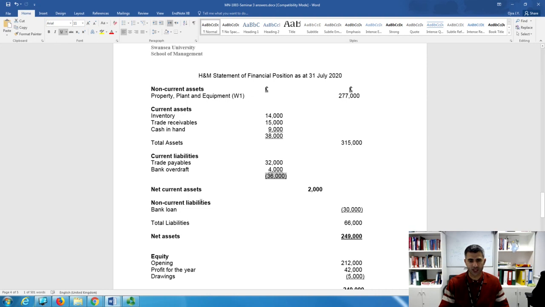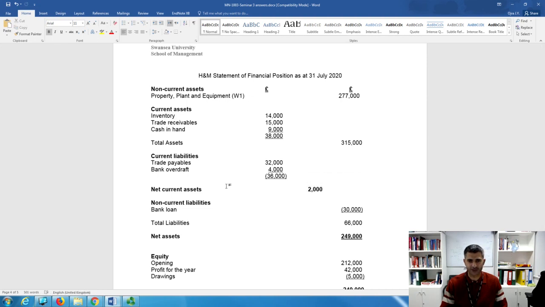The net current assets, if you remember, the formula is total current assets minus total current liabilities. The total current assets, 38,000 minus 36,000 total current liabilities, equal net current assets of £2,000.